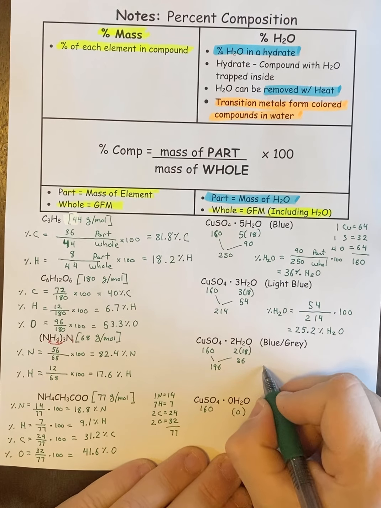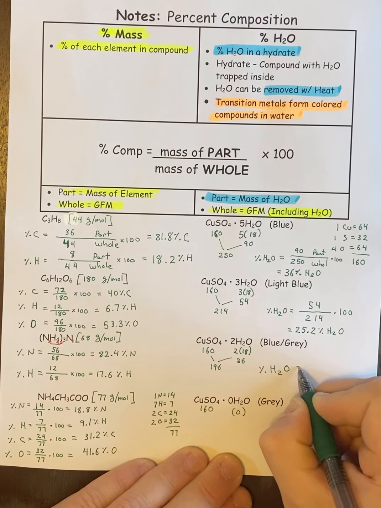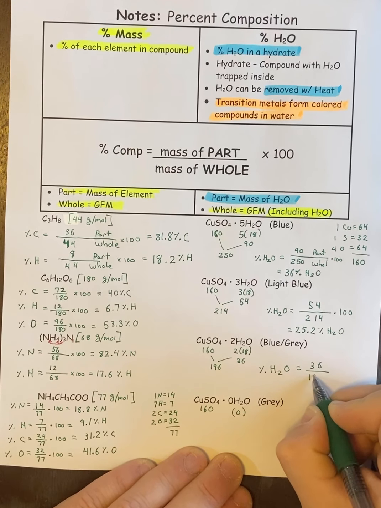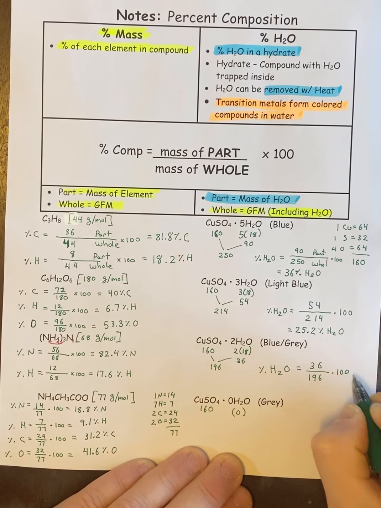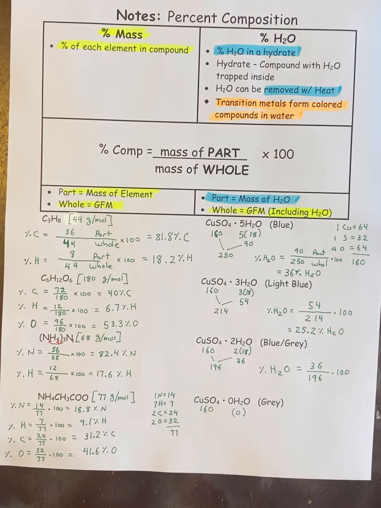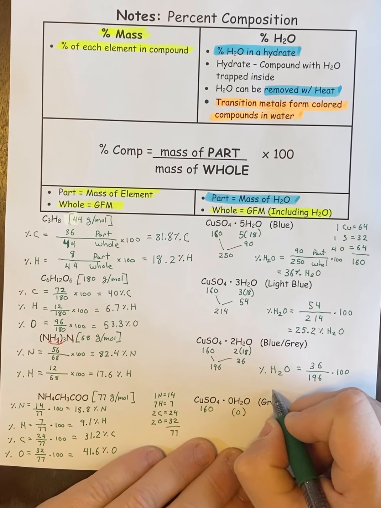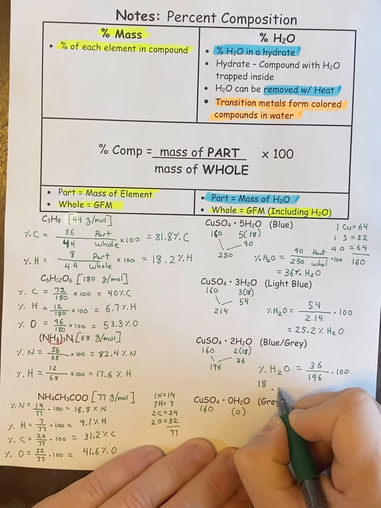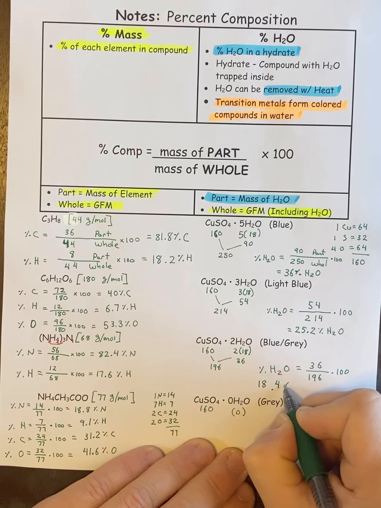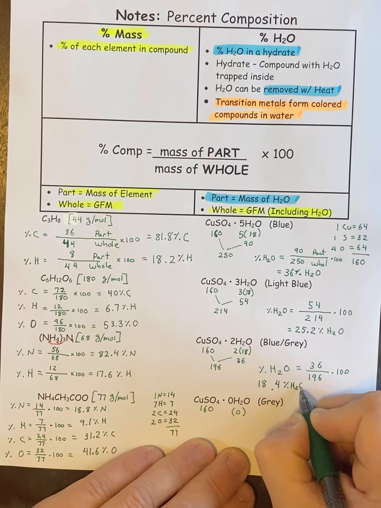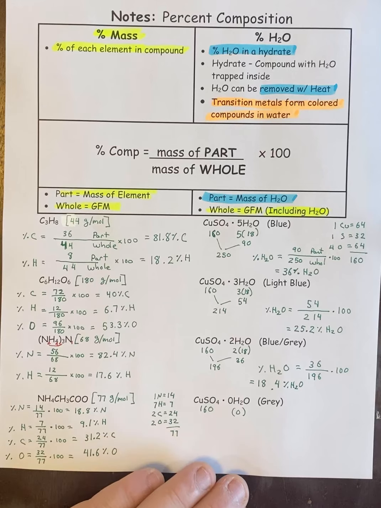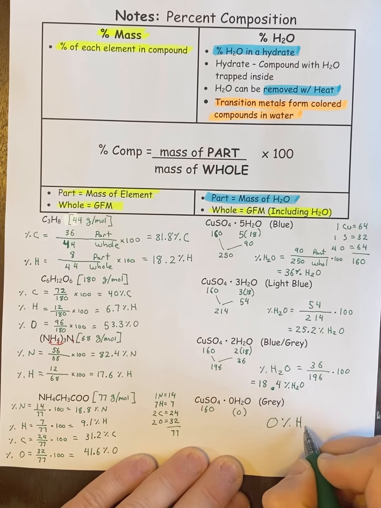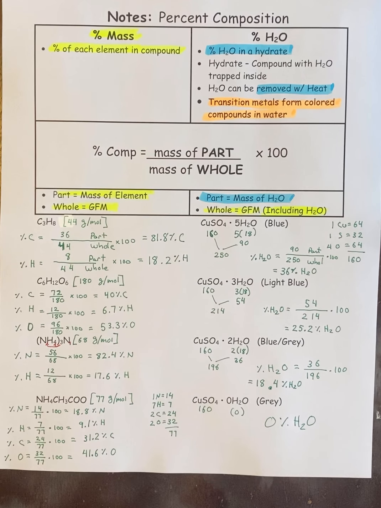The next one is going to be 36 over 196 times 100, which is going to be 18.4% water. And then the last one is going to be 0% water. So that's how you do percent water.